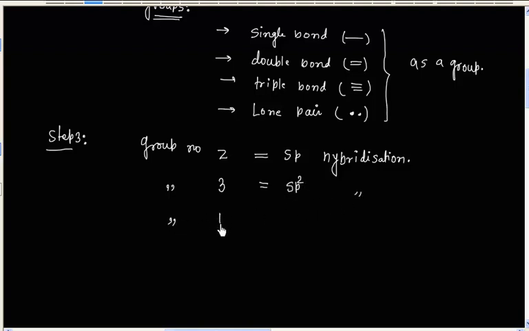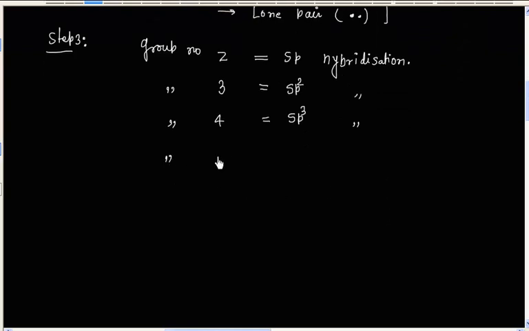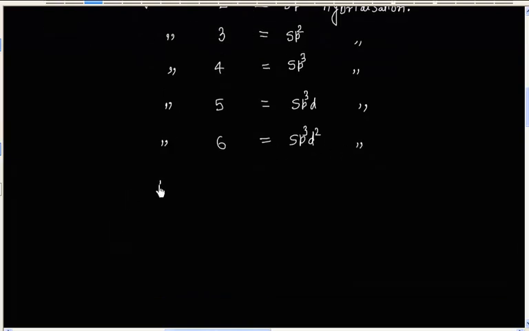Group number 4, hybridization will be sp3. Similarly, group number 5, sp3d. If there are 6 groups attached to the atom, we will have sp3d2. 7 groups attached, we will have sp3d3.